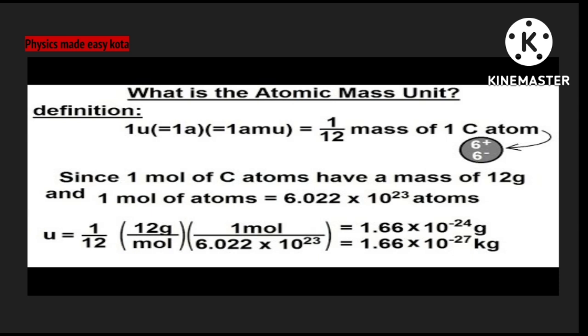After division, we get the answer 1.66 into 10 raised to power minus 24 gram. We can also express it in terms of kg. It is equal to 1.66 into 10 raised to power minus 27 kg.